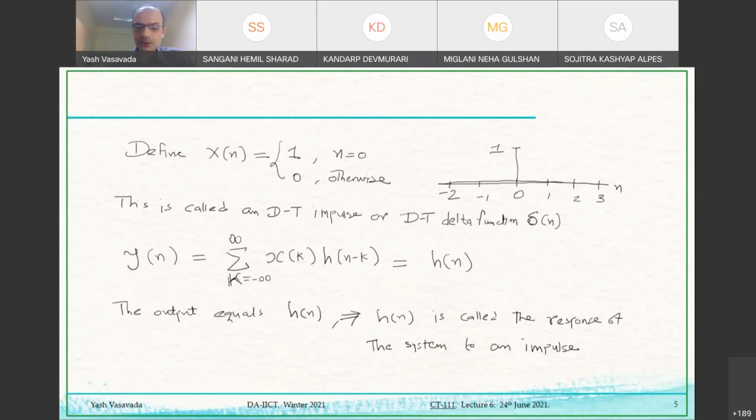Okay, so the notion of impulse response is very important because once you have the impulse response h of n, maybe I should write it down here.